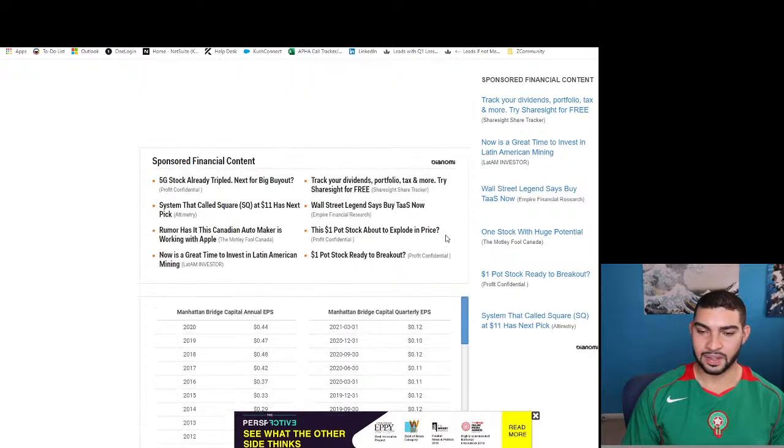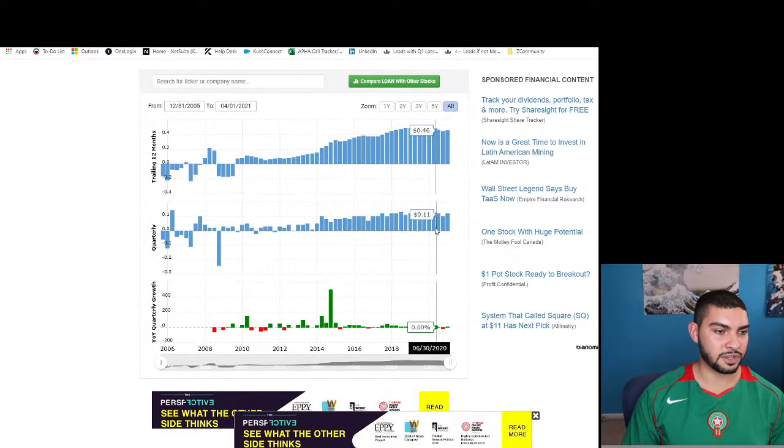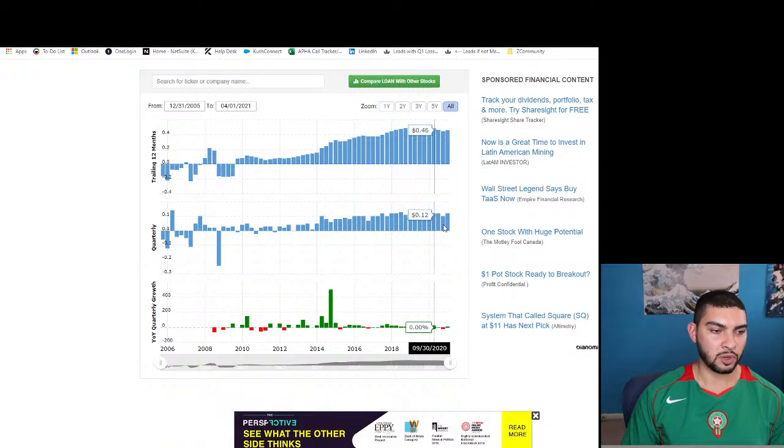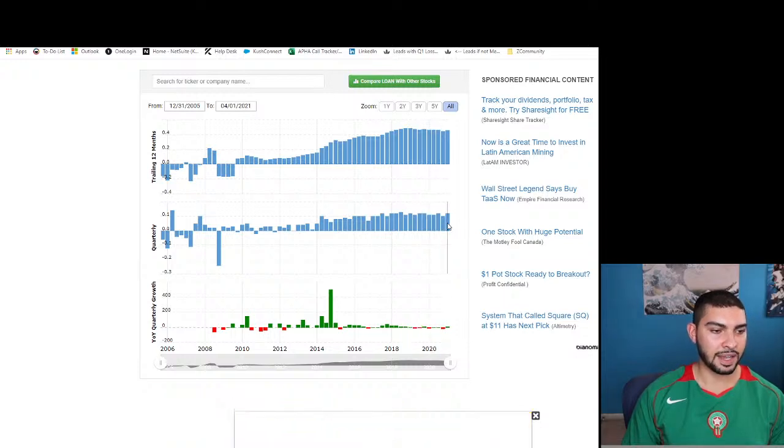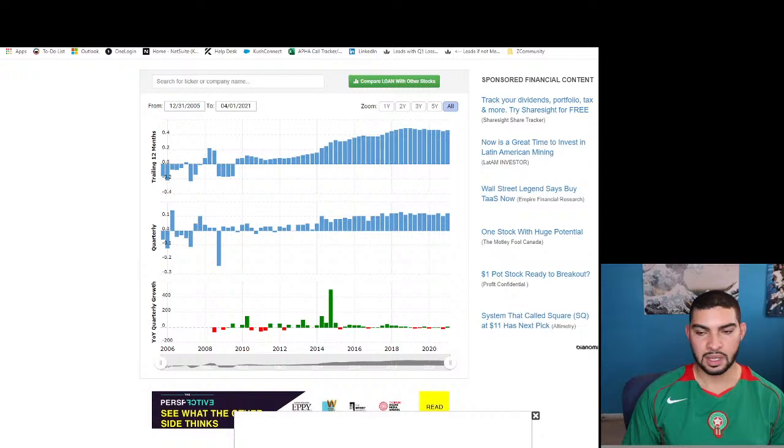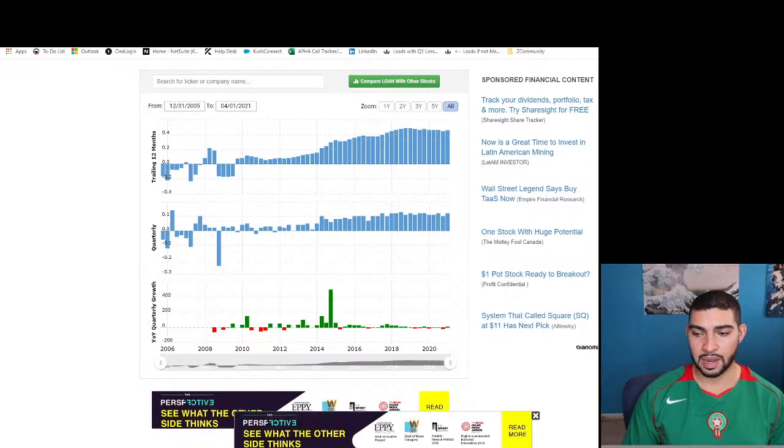But now let's look at the actual past 4 quarters and the past performance. 0.11, 0.12, 0.10, and 0.12. Been kind of stagnant, so am I going to say that there's growth there? There isn't any growth, but again, there aren't any decreases as well. Sharp increases or decreases: number 1, number 2, number 3, number 4, and number 5.